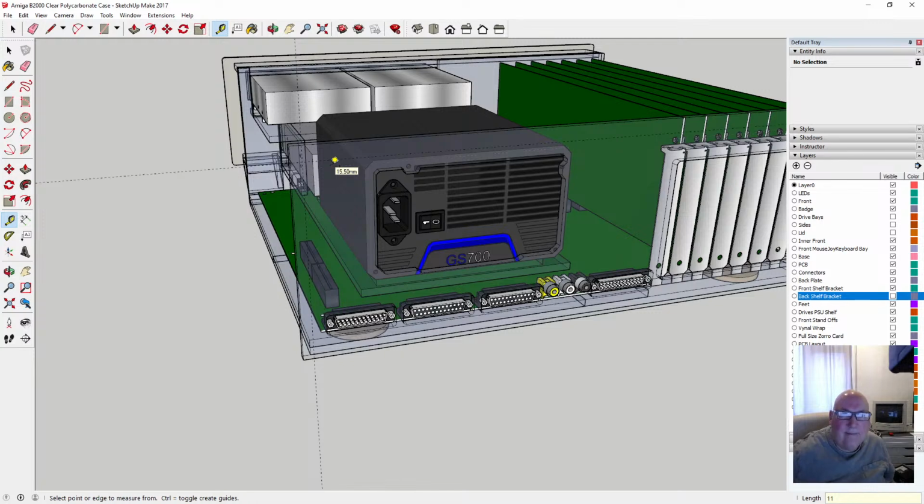Say 11 mil, right. And the width of it is 16 millimeters, and depth is 106. 106, right.